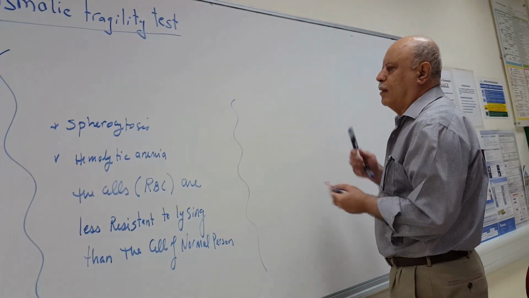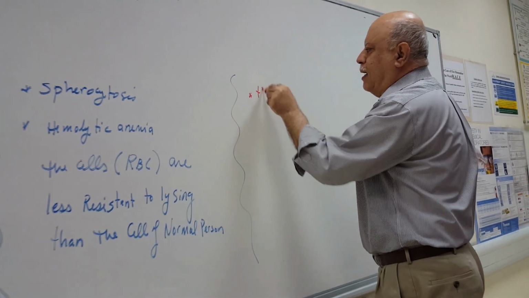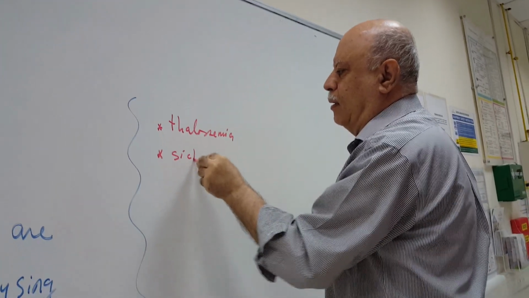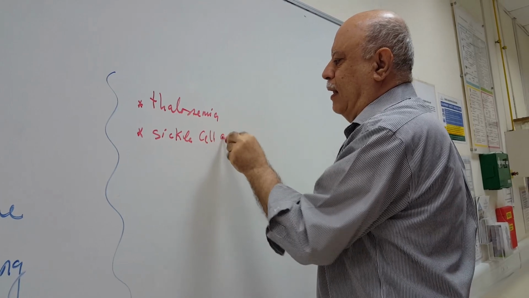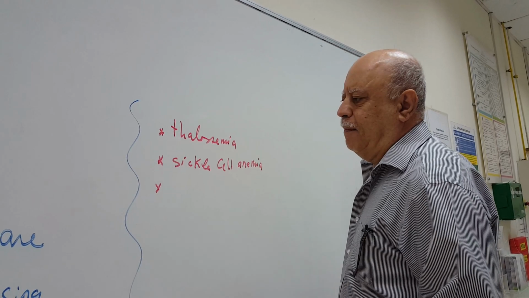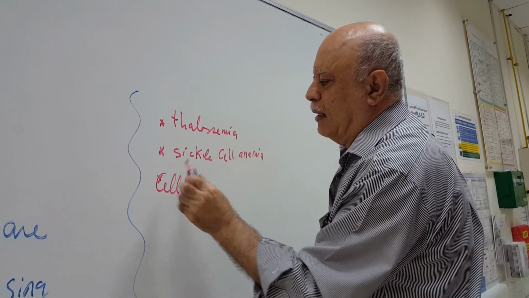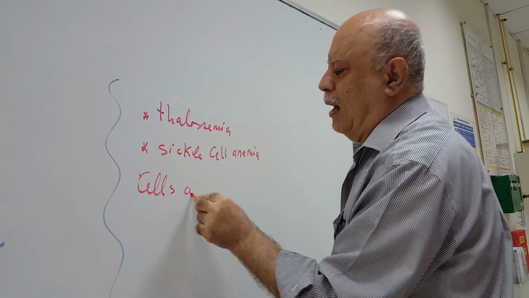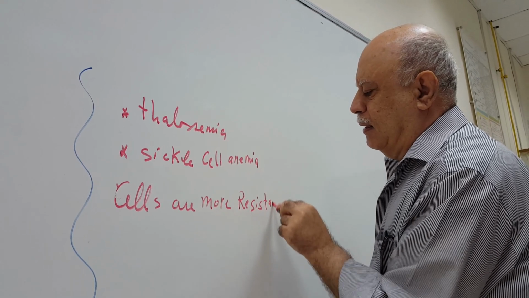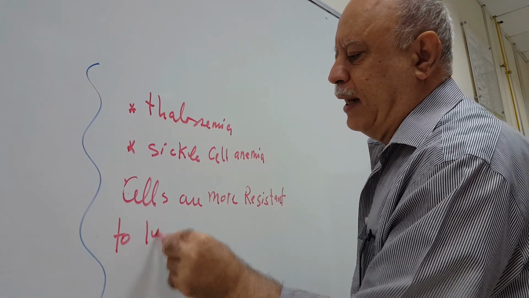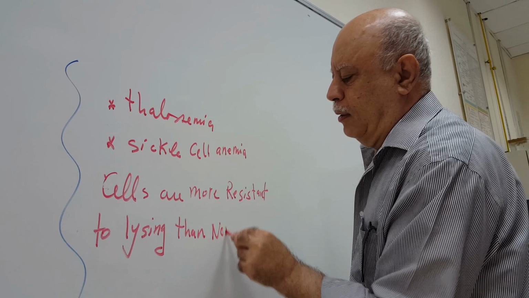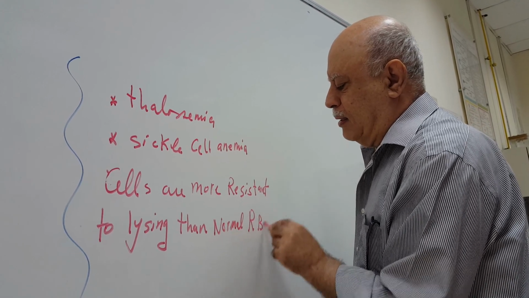While on the other hand, people with thalassemia, sickle cell anemia, polycythemia vera, the cells in these diseases are more resistant to lysing than normal RBC.